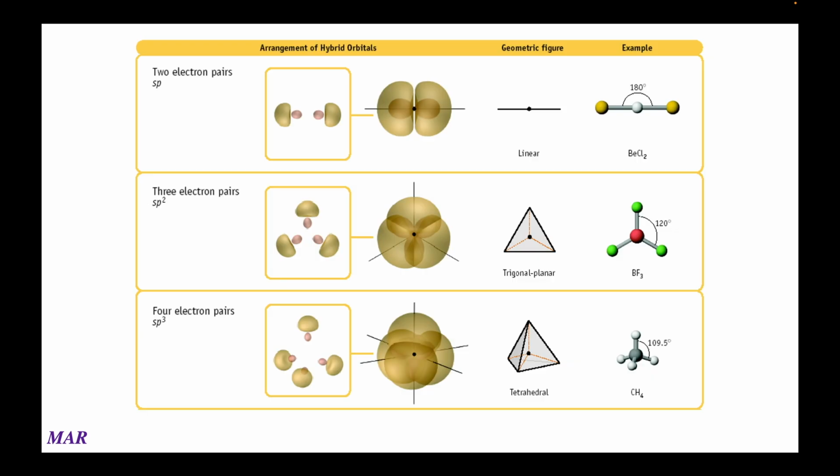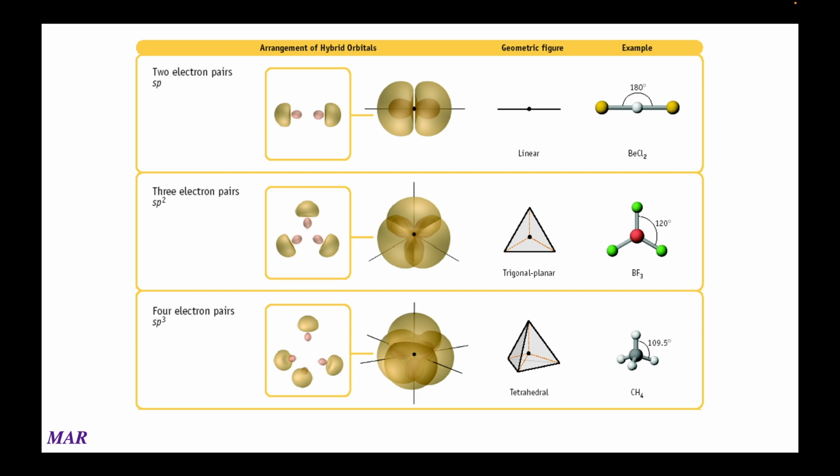This shows some different combinations of atoms and their hybridization. The top one is beryllium dichloride. Beryllium, boron, aluminum, and gallium can sometimes be under an octet, and beryllium can be really under an octet and be linear. So when beryllium dichloride is made, the beryllium is sp hybridized. You can see how the hybrid orbitals, those 2 little mushrooms, are literally as far apart from each other as they can be, which means 180 degrees.